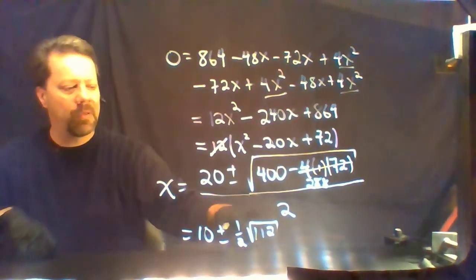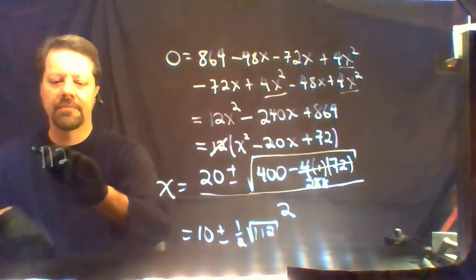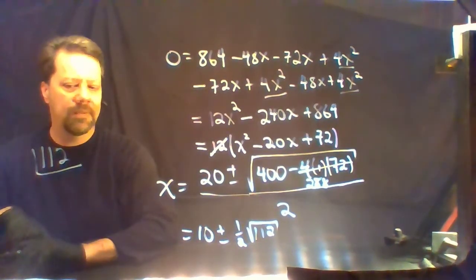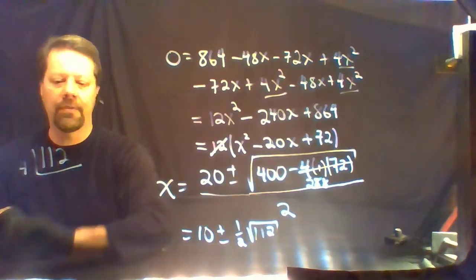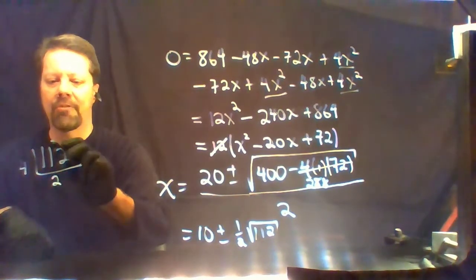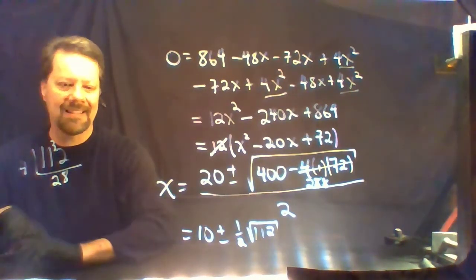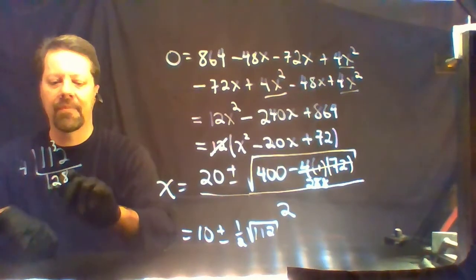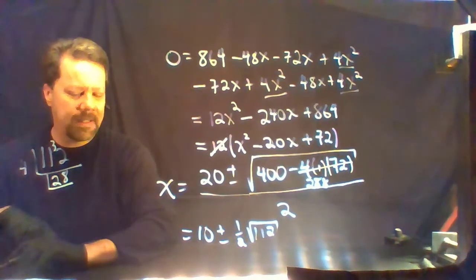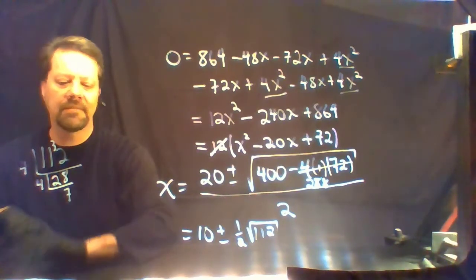Let's see, what can we bring out of the square root from the 112? Well, 4 goes into that. 4 goes into 11 twice with a remainder of 3. 4 goes into 32 8 times. Anything else come out? Well, isn't that 4 times 7?